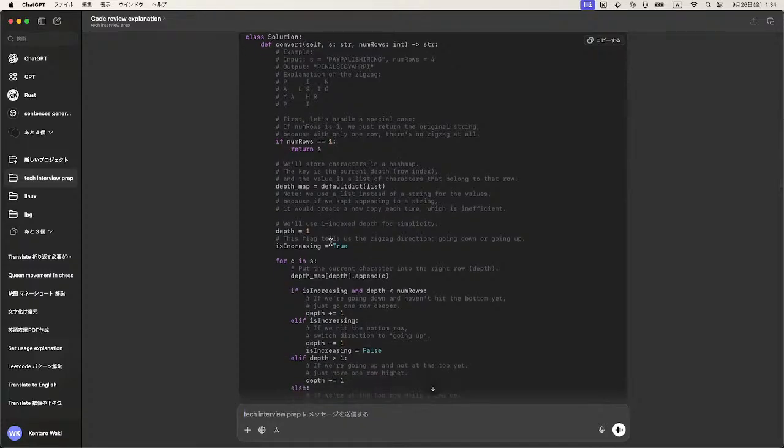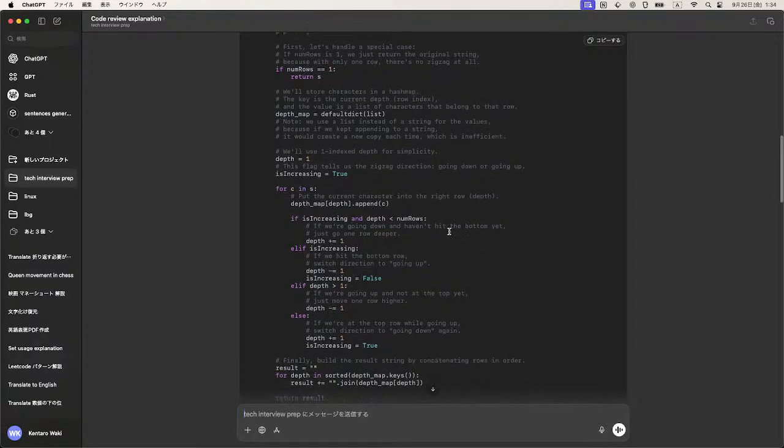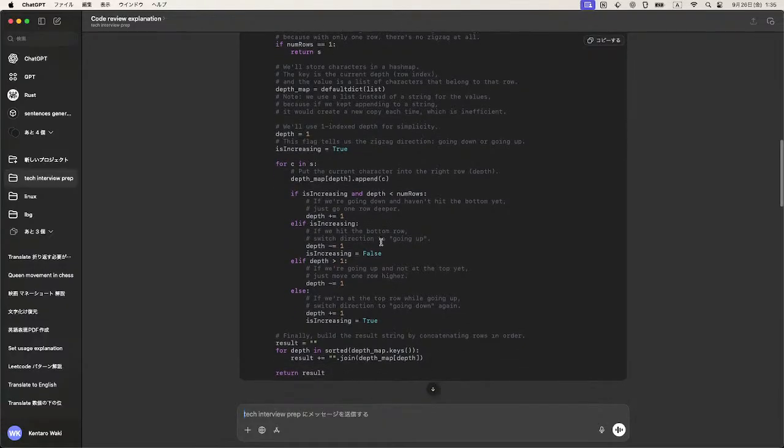We'll use one index depth for simplicity. This flag tells us the zigzag direction, going down or going up. And put the current character into the right row. If we are going down and haven't hit the bottom yet, just go one row deeper. If we hit the bottom row, switch direction to going up.